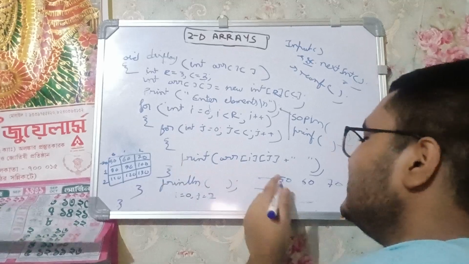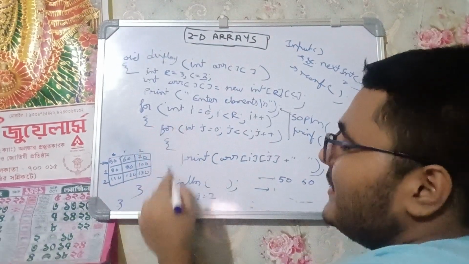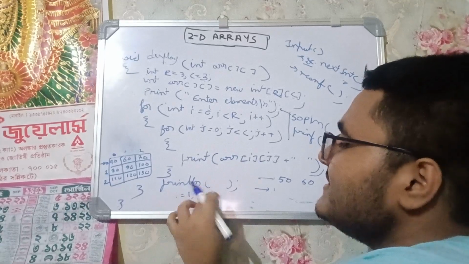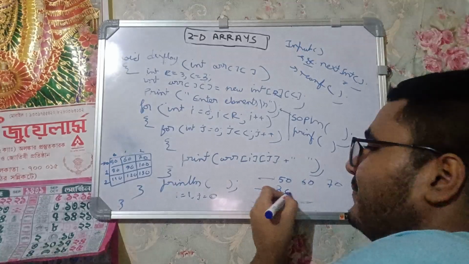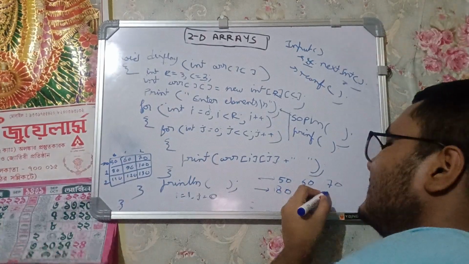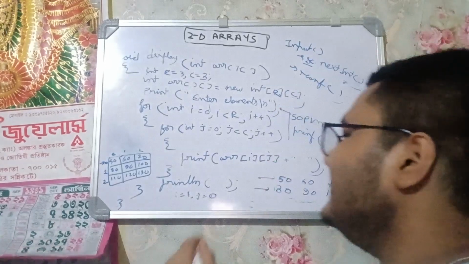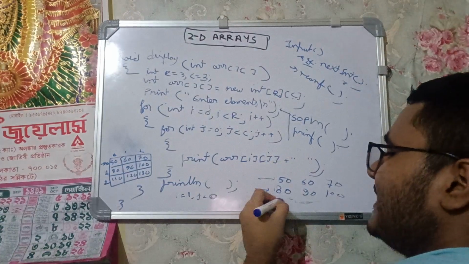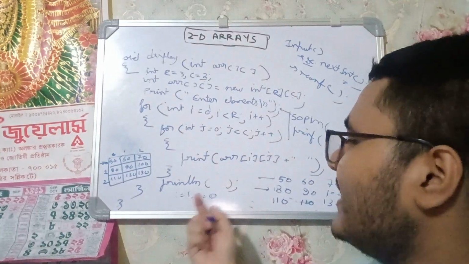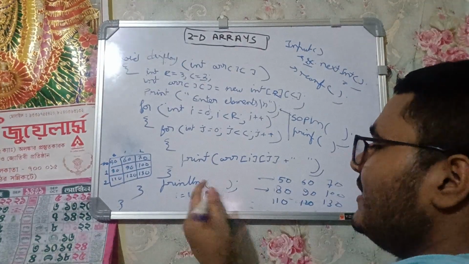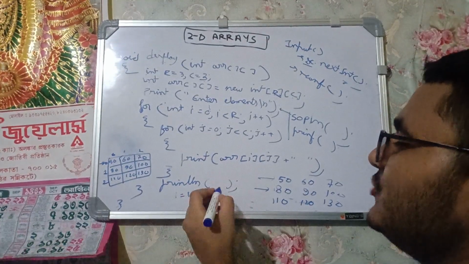After this, i automatically turns out to be 1 and j starts from 0, so 1 0 means 80, 1 1 is 90, this is 100, and so on, okay? And in this way everything will be printed: 110, 120, 130.